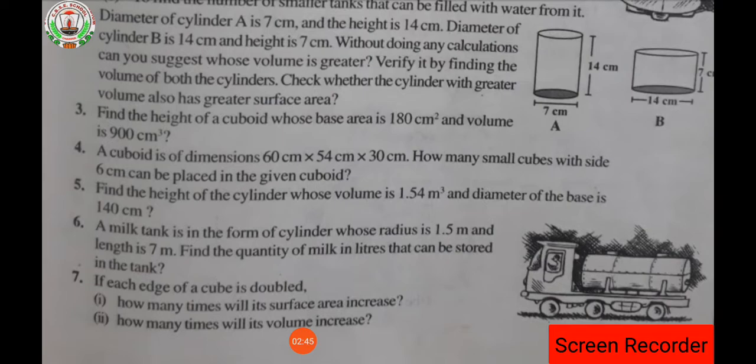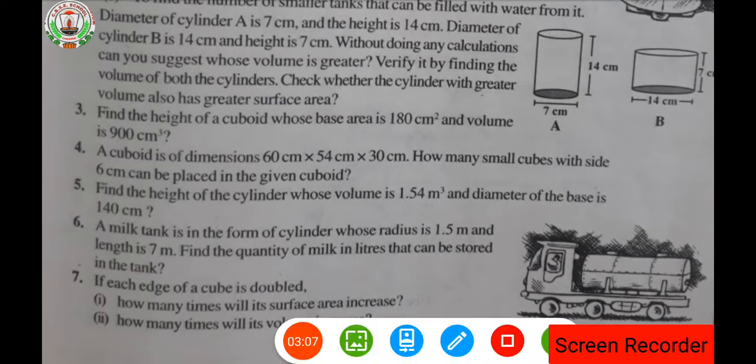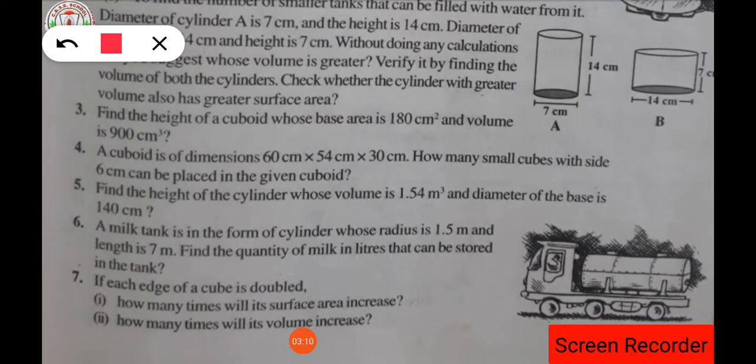Clear? Now in question number 2, two cylinders are given, cylinder A and cylinder B. In cylinder A, the diameter is given as 7 centimeters and the height is given as 14 centimeters. If the diameter is 7, then the radius will be 7 by 2 for the first cylinder.